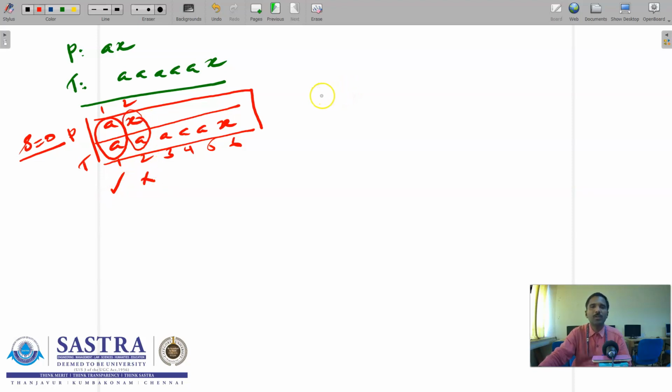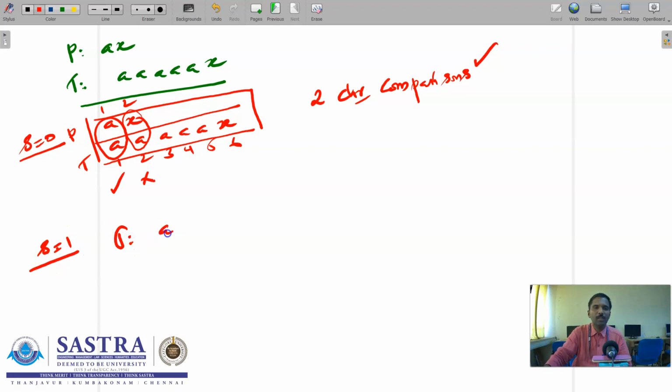So here, two character comparisons are performed. This results in a mismatch. Then shift S is equal to 1. Text array A, A, A, A, A, X. The pattern array is moved one position in the right direction.